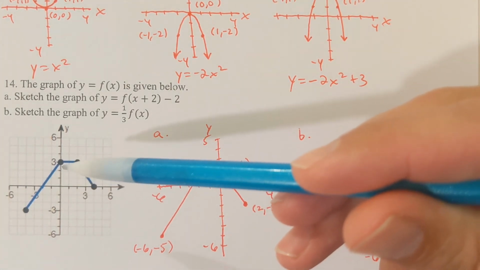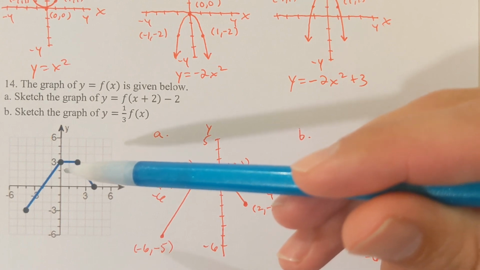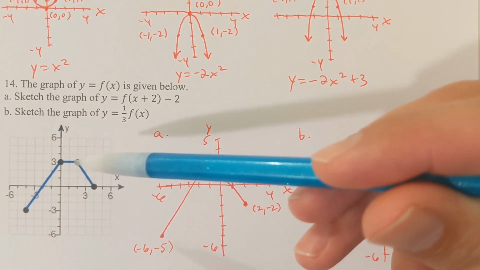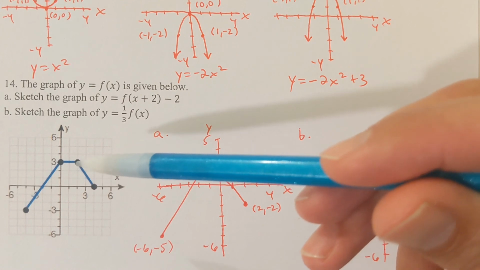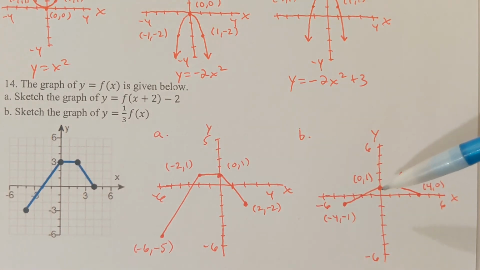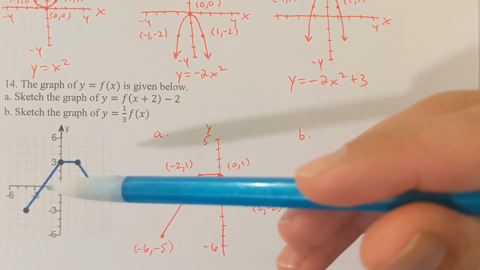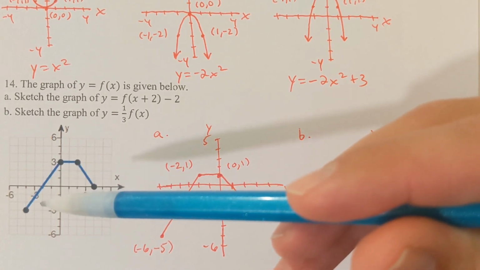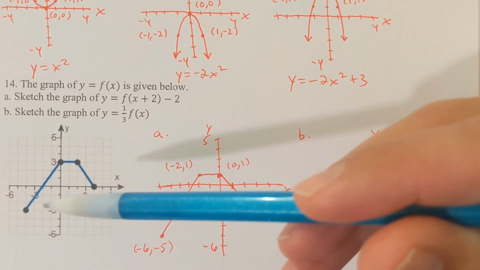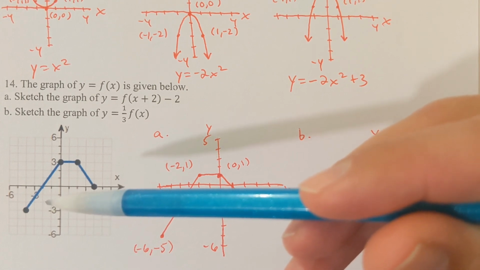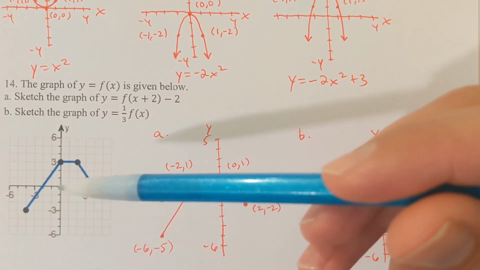0, 3 on the new graph: when I multiply the y value by 1/3, that puts me at 0, 1 on the new graph. Negative 4, negative 3: when I multiply the y value by 1/3, that puts me at negative 4, negative 1.